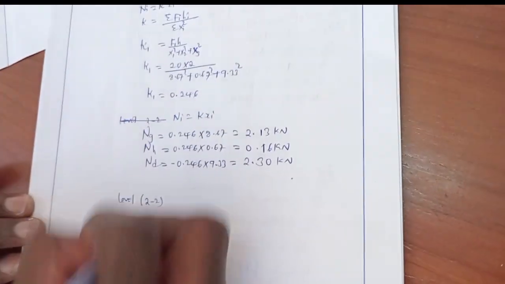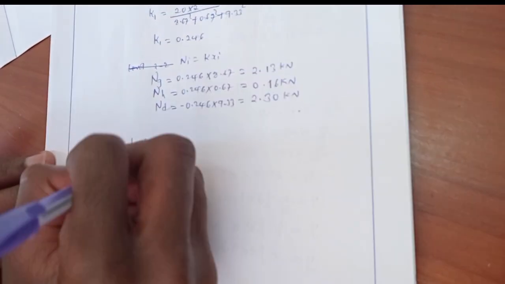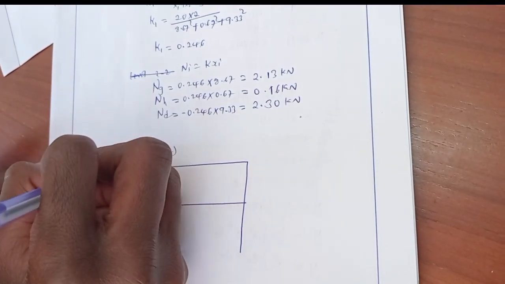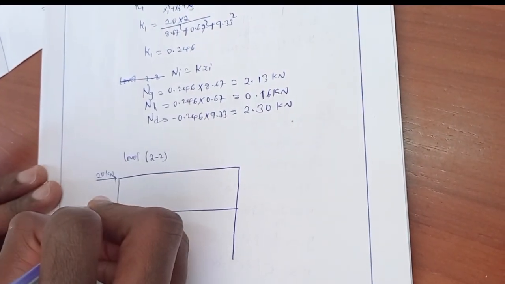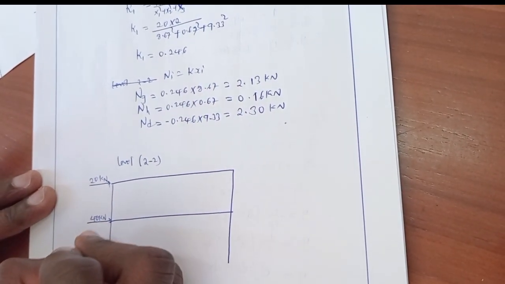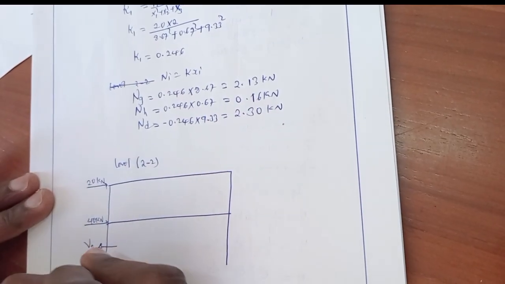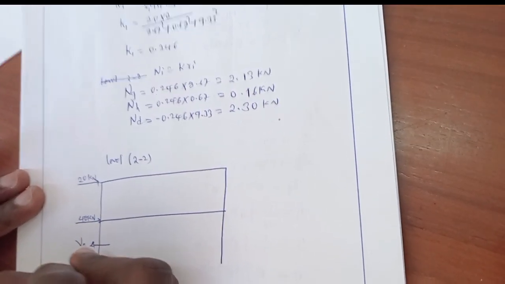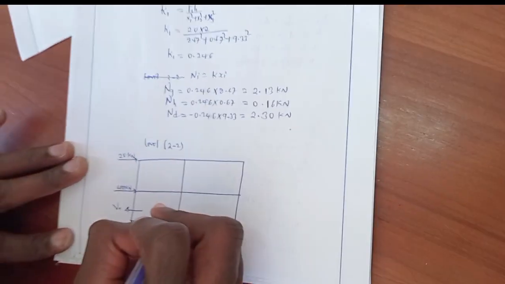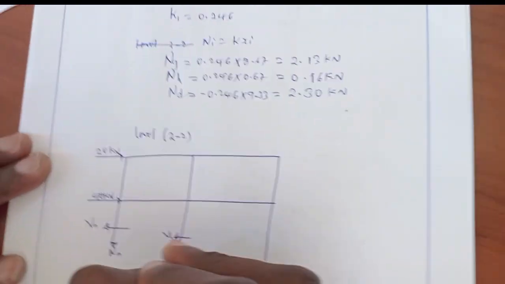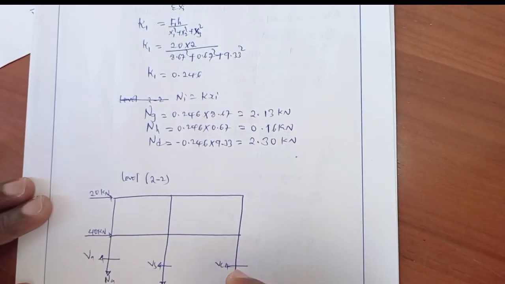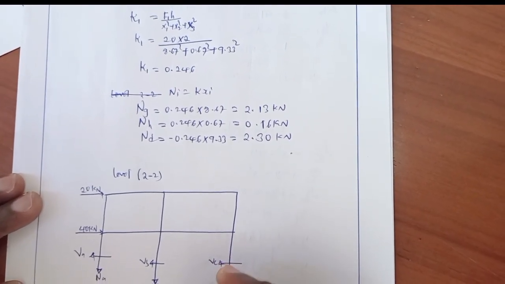Level 2 will be in this way. Here we have a horizontal force, which was 20 kilonewton. Here was 40 kilonewton. This is VA, the normal force at A, VB, NB, this is VC, NC in the opposite direction.